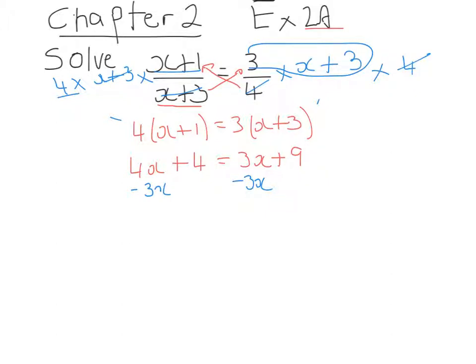Now that'll cancel on that side and leave me with just 9. And 4x take away 3x is x + 4. Now what I'll do is I'll take away 4 from both sides, and that will leave me with x = 5, because 9 take away 4 is 5.